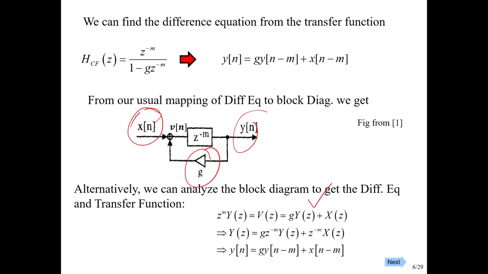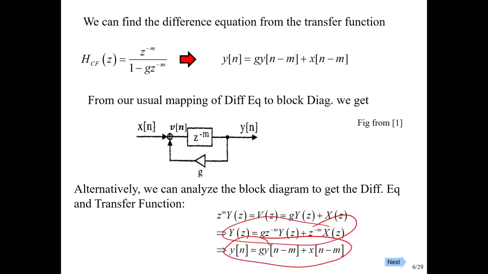And from there, we can just solve, put Y(z) on one side, swing the z to the m over to the other side, and we could now manipulate that to get the transfer function. Or we can, from this directly, deduce what the difference equation is. So again, we're just going around that diagram that I showed you back in the review section of the course.